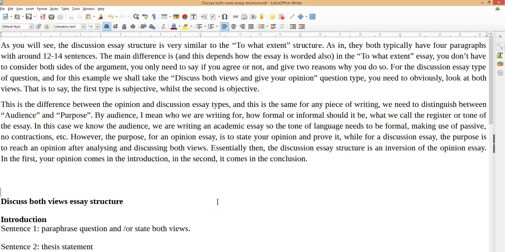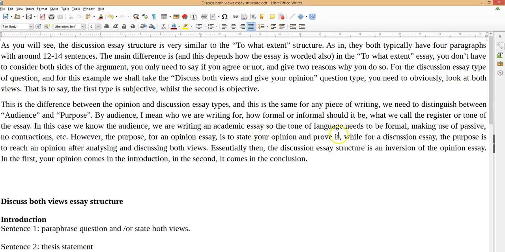However, we know that we're writing an academic essay, so the tone needs to be reasonably formal, no contractions, use of passive, etc.